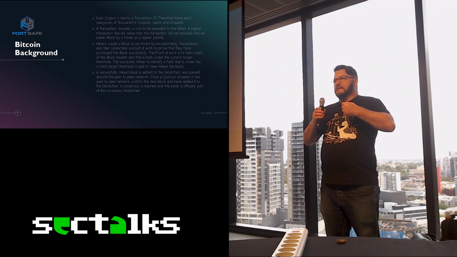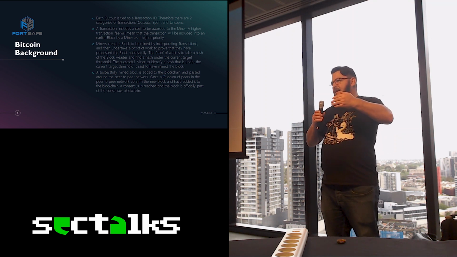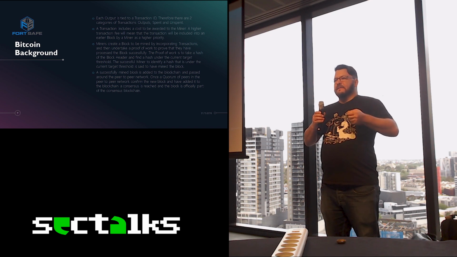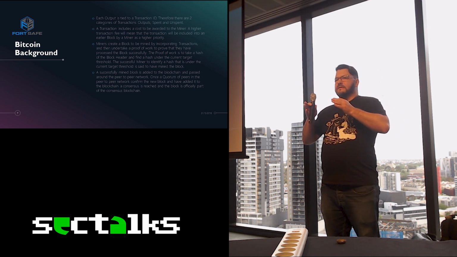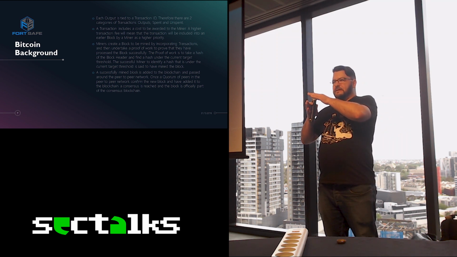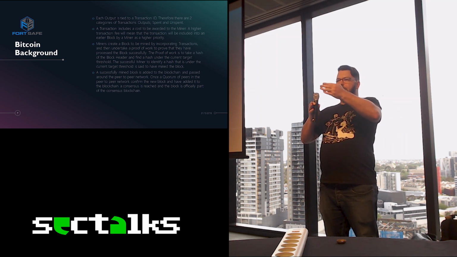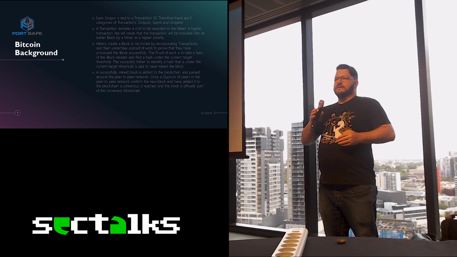Once a miner has found the hash, they can pass it around the peer-to-peer network to say, hey, I found a block, here's my proof of work, can you confirm that I found it? And eventually they branch off into different sections, depending on the peer-to-peer network. So you'll end up with different heads of the blockchain, and eventually over time, more heads will be confirmed, and a head will win out as the most successful head of the transaction chain.